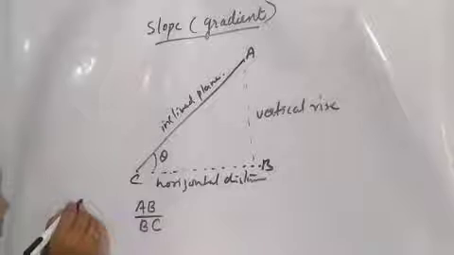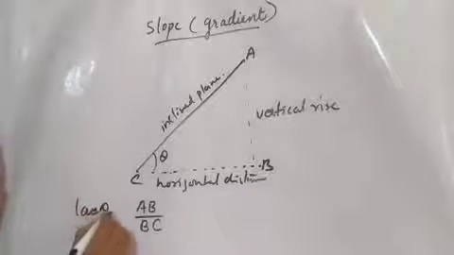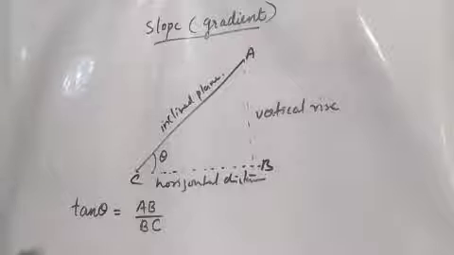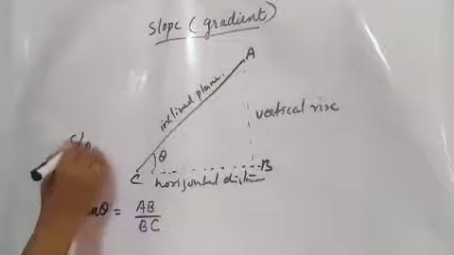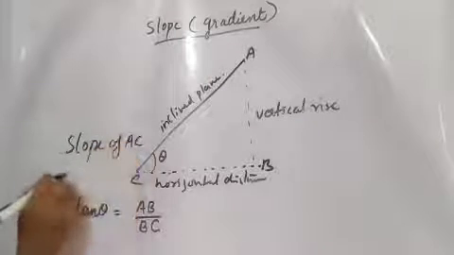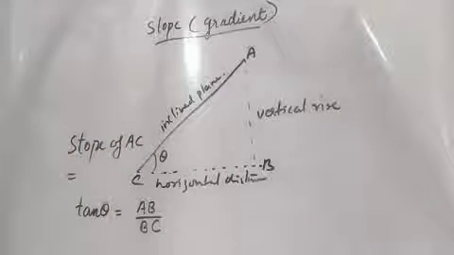Yes, that is actually the value of tan theta. So the slope of AC is the tan value of the inclination of the plane. That is AB by BC.